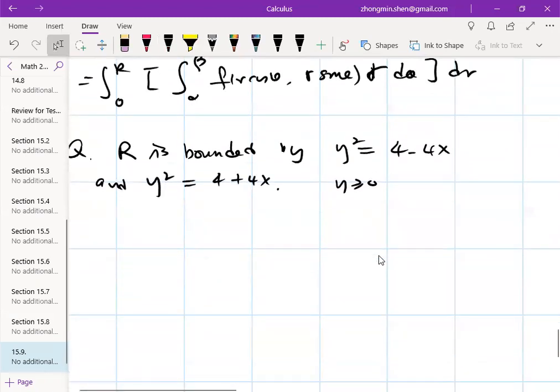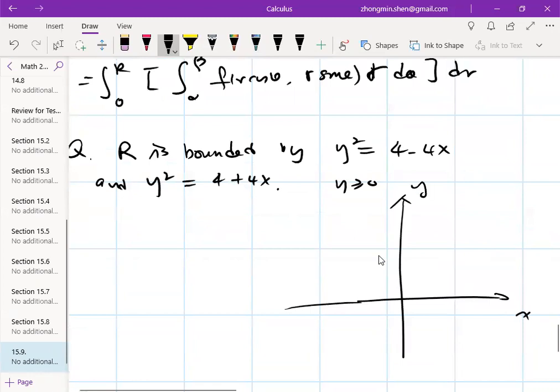So let me describe this region. x-axis, y-axis. y squared equals 4 minus 4x. What is that curve? This is actually a parabola, x equals negative a quarter of y squared plus 1.